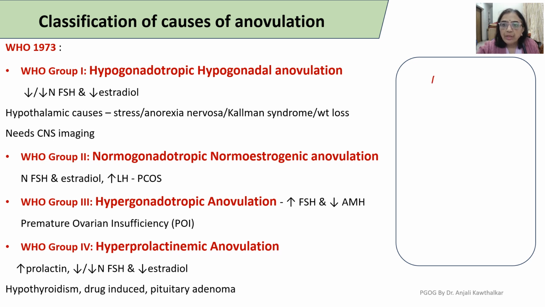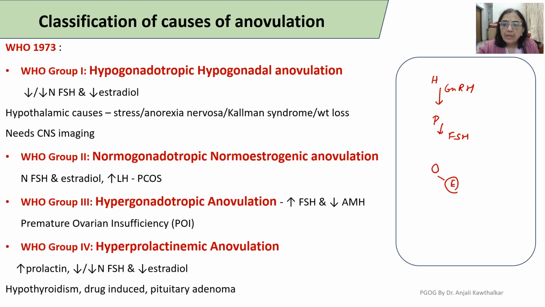So here we have the hypothalamus, pituitary, and ovary. The hypothalamus is releasing GnRH, the pituitary mainly FSH, and it acts here, and there is estradiol which is secreted. So we do this FSH and estradiol. Day 3 is the usual day when FSH and estradiol are done.